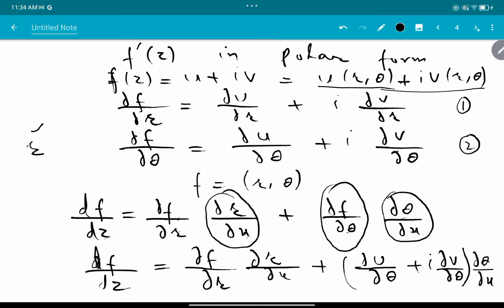Okay. Now, having written this, I will substitute the value of del r by del x here. Equation third, I will write it.